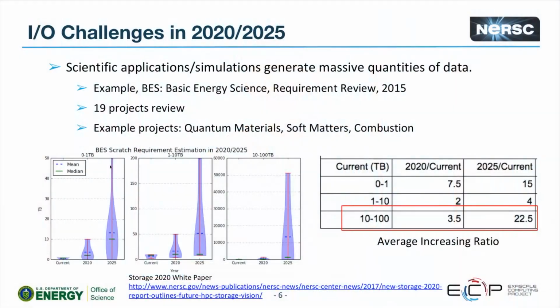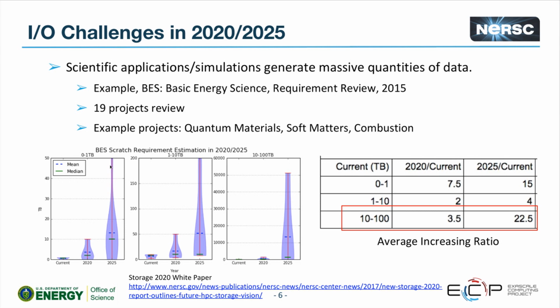And I/O challenges will be more serious in the next 5 or 10 years. So we did a review of all the important scientific applications, like basic energy science. We asked the PIs of those projects what they see in the next 5 or 10 years regarding the data volume and the storage requirements their group is going to need.